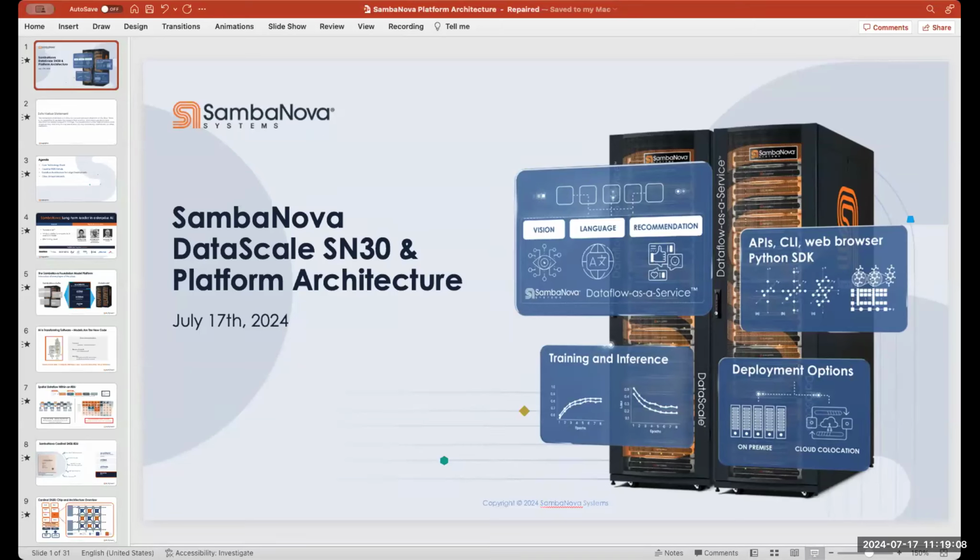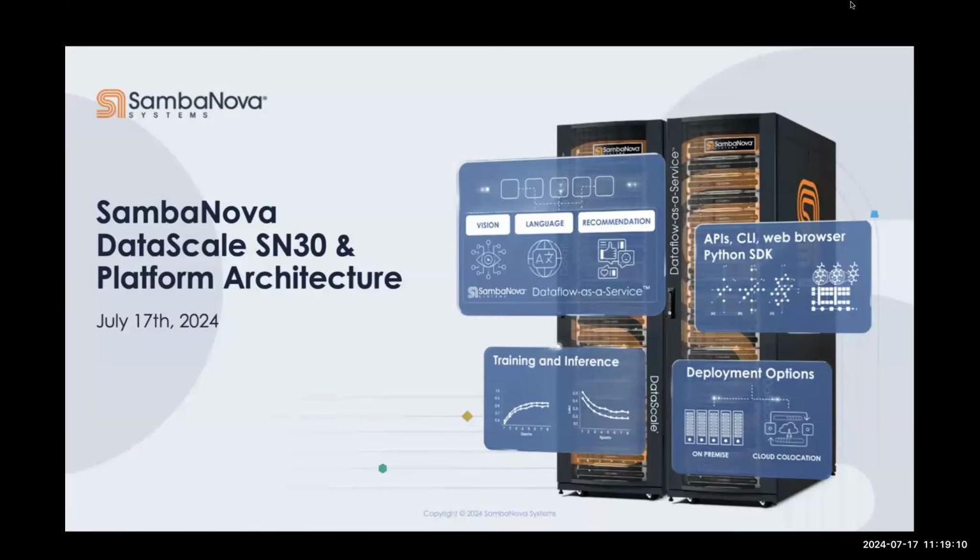You can click the slideshow tab and then play from start. Perfect. So am I in presenter mode now? Now we can see your slides. Perfect. Are you able to see one slide? Just one title slide. Okay, perfect. Thank you. Because I'm using a dual monitor here.